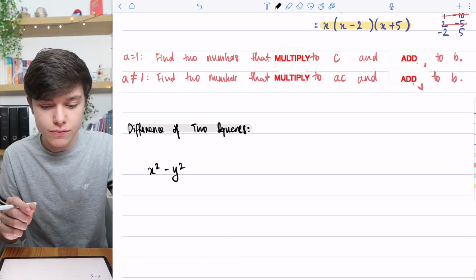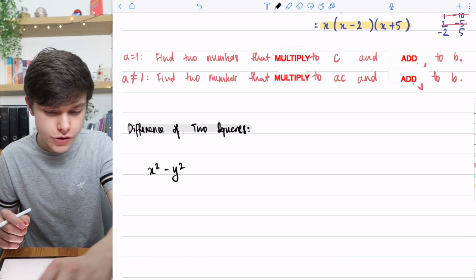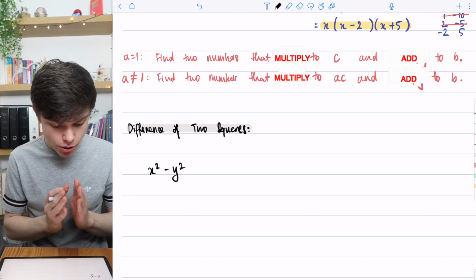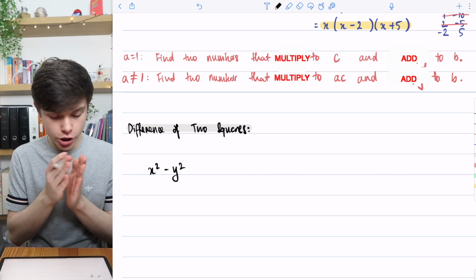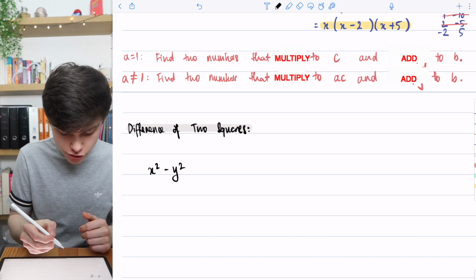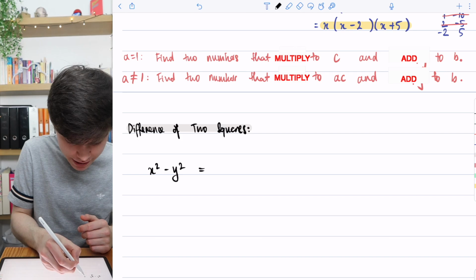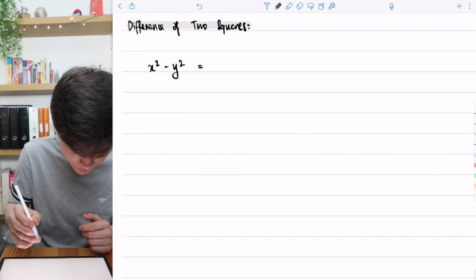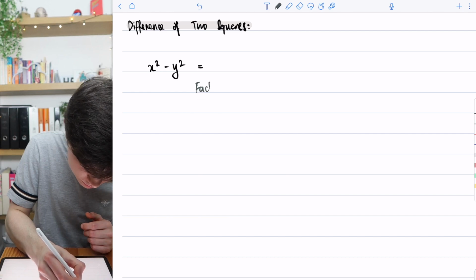When we factorise that, what we want to do is we want to get it in two brackets, but notice we've got no term in the middle. We've just got an x squared and we've just got a y squared. So whenever we factorise that, and I'll say equals, but I'll write underneath, factorising.